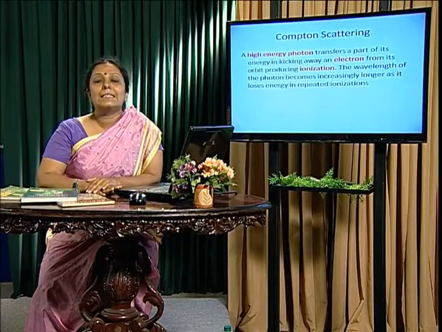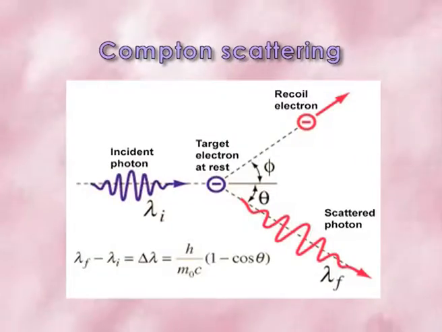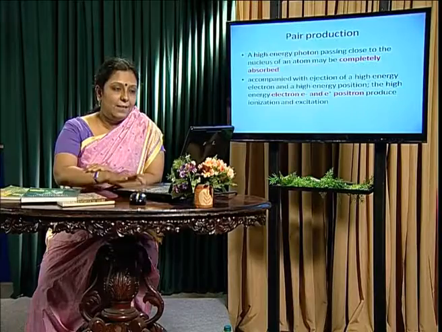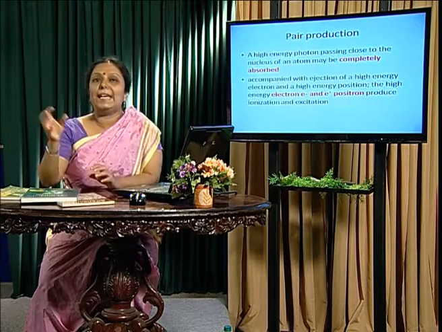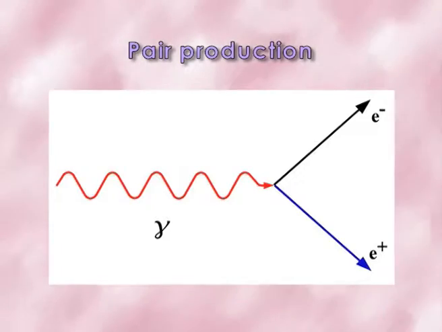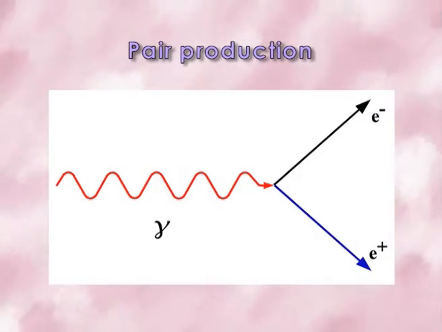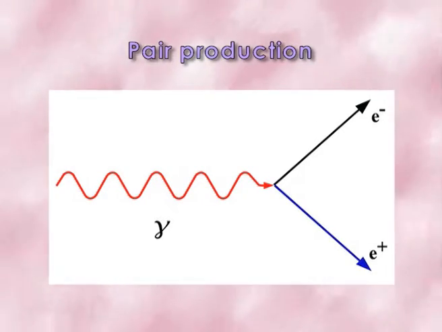Compton scattering, sometimes a high energy photon can radiate some other wavelength of radiation having low energy and much higher wavelength. Pair production. It was found that when radioactive nuclei absorb some radiation, it gives rise to one electron and one positron. So, two ions are produced.